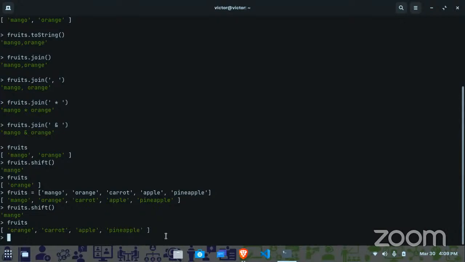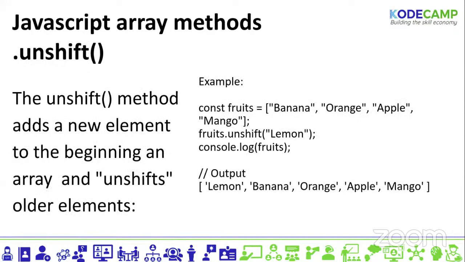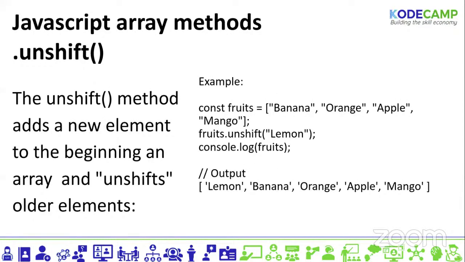So that's it about shift. Shift removes the first element of the array. Since we have shift, we also have unshift. Shift removes the first value from the array; unshift adds.